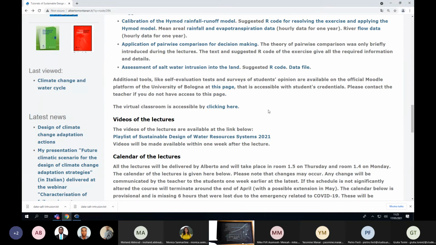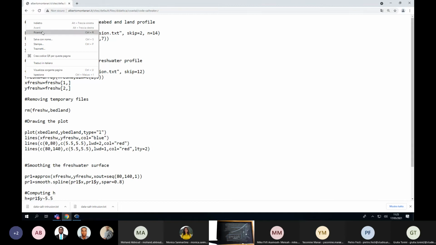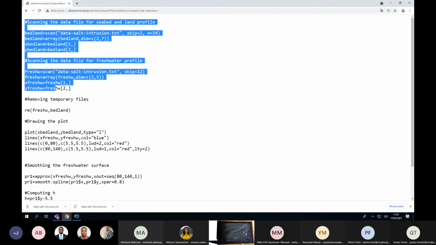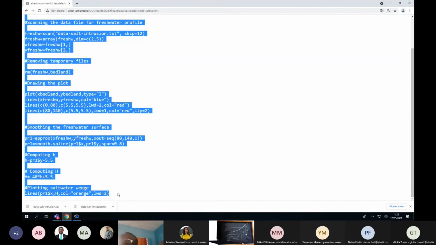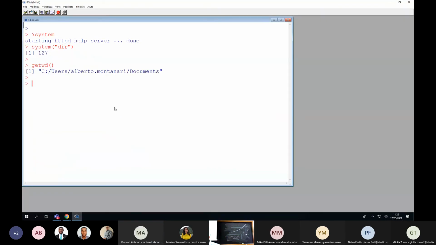Okay, should be fine. Now, let me get the R code, and just to give you an example of how it works and what I get at the end, I select all, copy the whole file, and paste it in the R console.